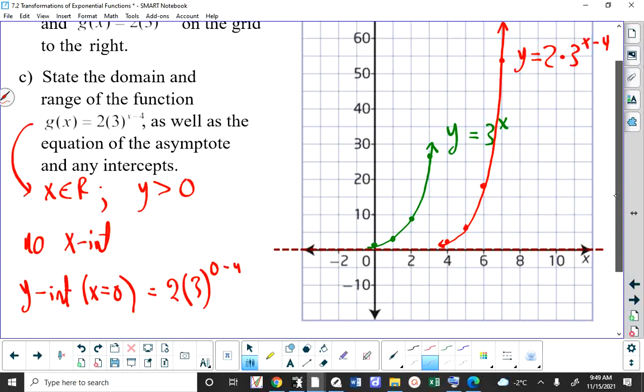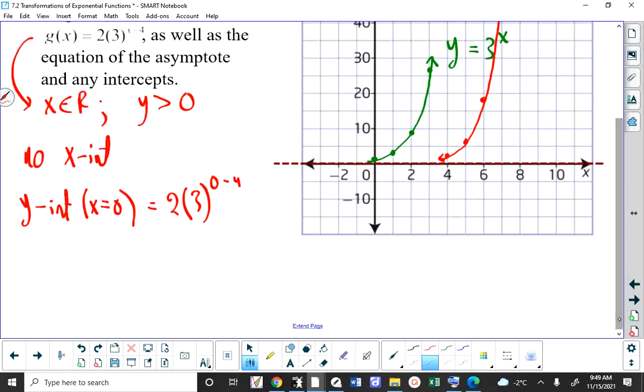Is that what you get in fractional form, 2 over 81? Like, that's tiny. So the y-intercept is 2 over 81, or whatever number that is. I can't imagine what that number is. Any questions with that first example? A or B?